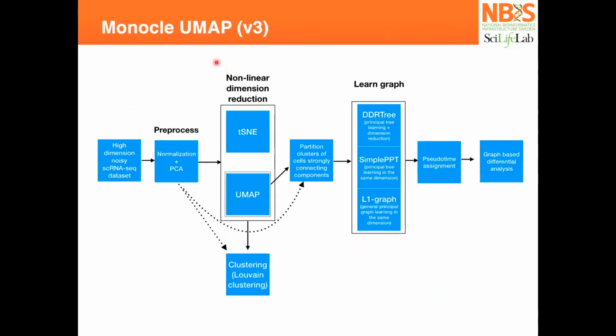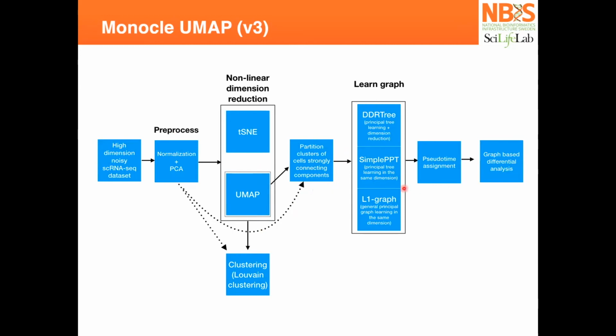And just another example, you have probably already heard of Monocle 3 for trajectory analysis, and it's exactly the same concept. So you do normalization and PCA, do clustering using Louvain, dimensionality reduction using UMAP, and then you construct your clusters, partition your clusters, or like your cluster centroids, like I said in the previous slide, connecting which cluster is closer to which cluster.